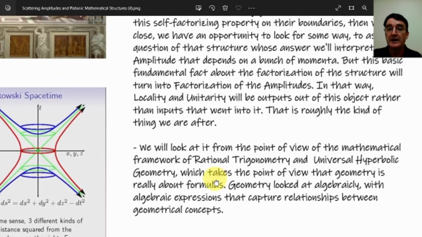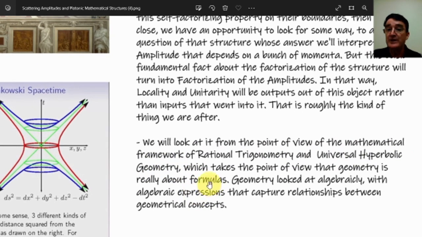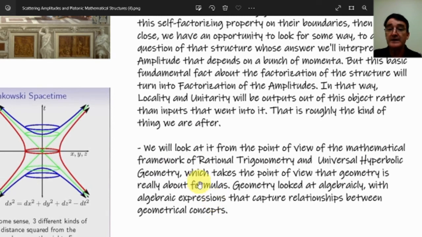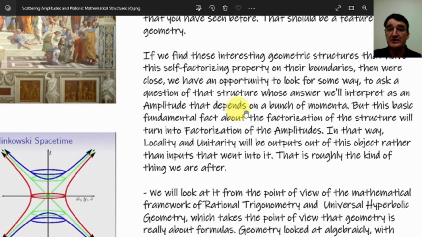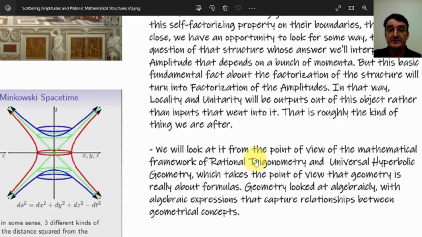So in the next video, I'll dig into the math of this universal hyperbolic geometry and then triangulate a shape and see that we get this structure that he's after in an algebraic expression, where we get the poles. When there's a pole, it factorizes into two pieces.